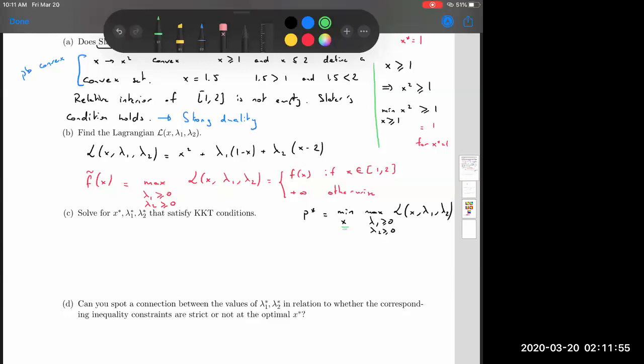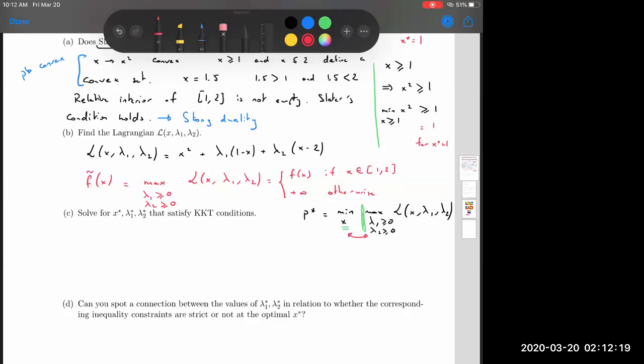But you are not happy because you have to solve another maximization problem first, and this maximization problem will give you some constraint on x. So to be able to take the derivative of the Lagrangian with respect to x, you want to switch the min and the max.